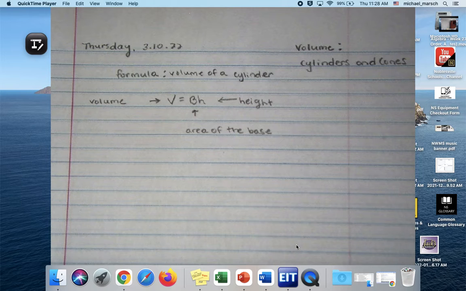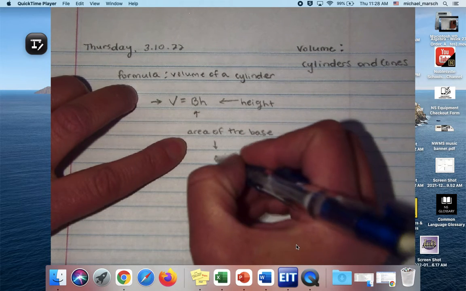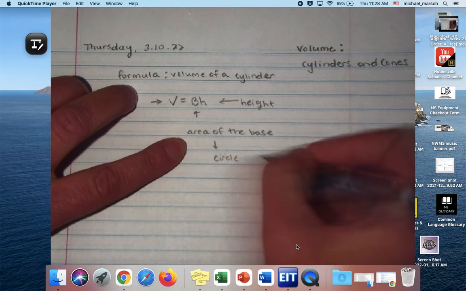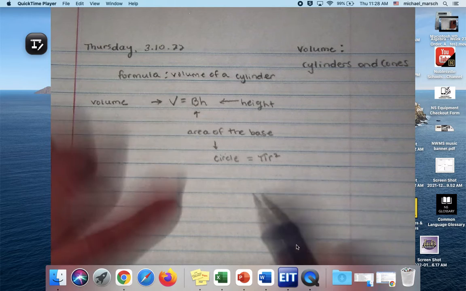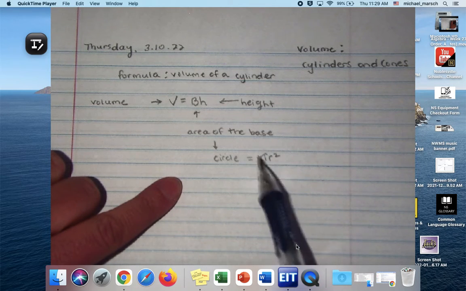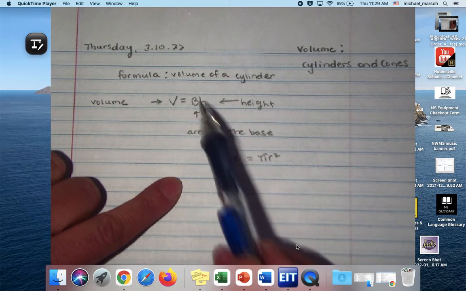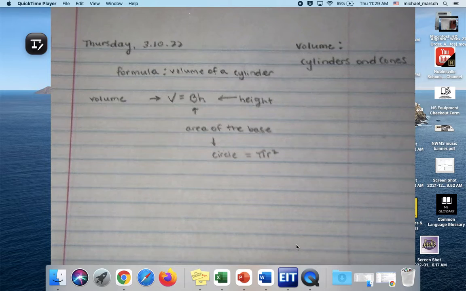A circle. So the capital B here stands for the area of a circle, which is pi r squared. Because our base is a circle, we would take this little section here and substitute it in for capital B. And we're going to practice that over and over, so you'll get the hang of it.